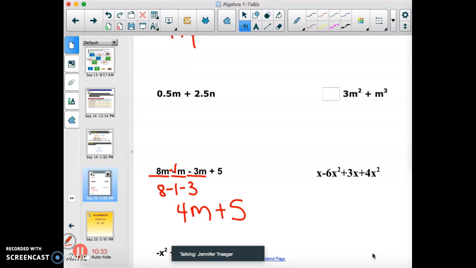You do this last one over here. Let's see what you can come up with. Let's underline and squiggle the like things to know what we're going to put together. The first thing I'm going to do is look at this first term, x. Are there any other x's that should be with that pile?